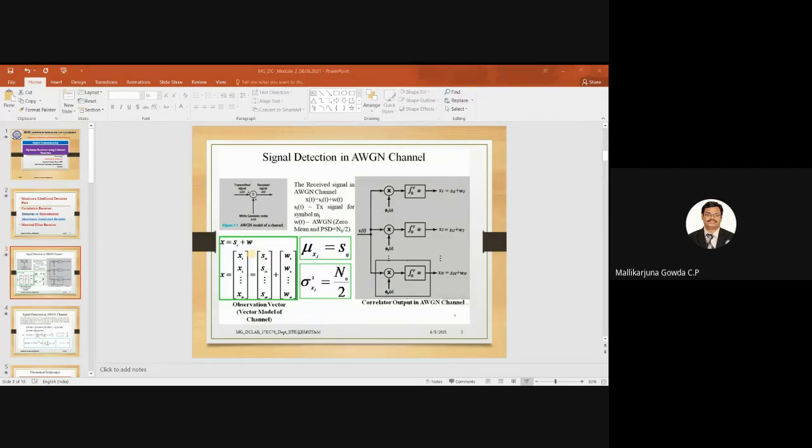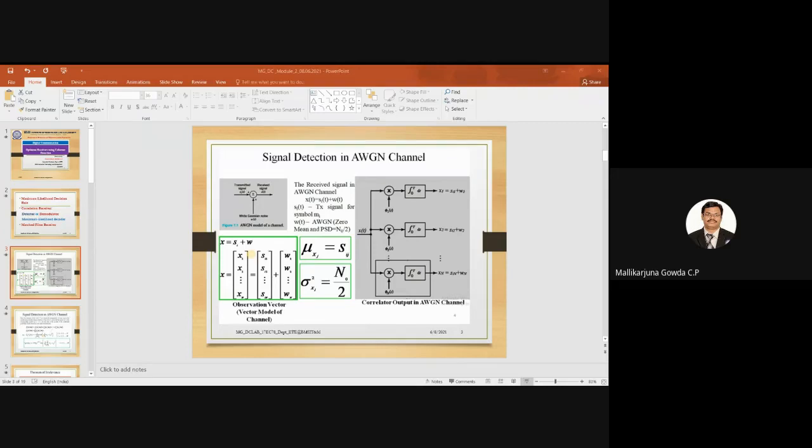Similarly, the signal vector si can be represented as si1, si2 and so on up to sin. We know how to represent the transmitted signal as a vector. Then the noise is also expressed in terms of a vector. This we call the observation vector or vector model of the channel.